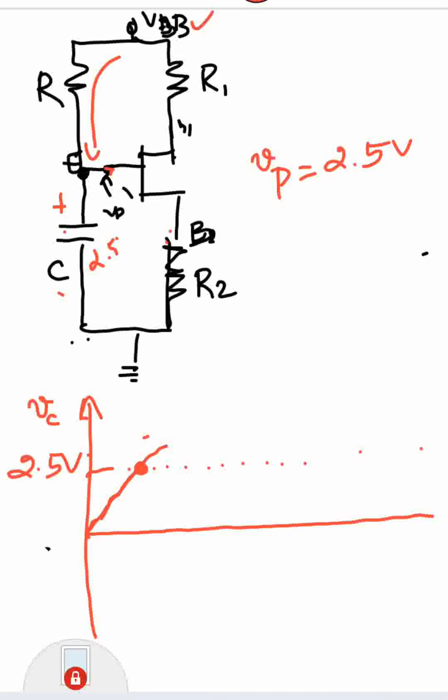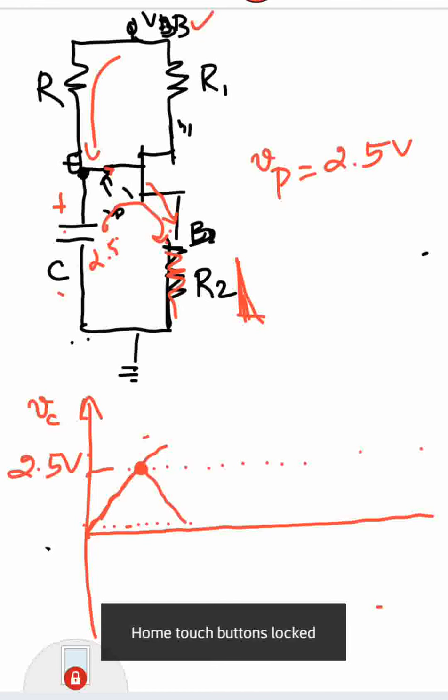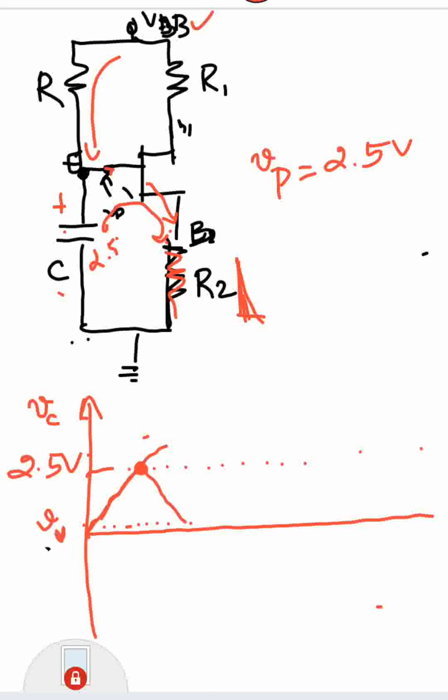Immediately the emitter base junction breaks, the capacitor discharges, and across R2 you get a very short duration discharging pulse. Once it reaches 2.5 volts, the voltage across the capacitor decreases and reaches a very low voltage. You also know the significance of the valley voltage VV. Let's say the valley voltage is 0.7 volt. Once it reaches or goes below this 0.7 volt, the emitter base junction recovers again.